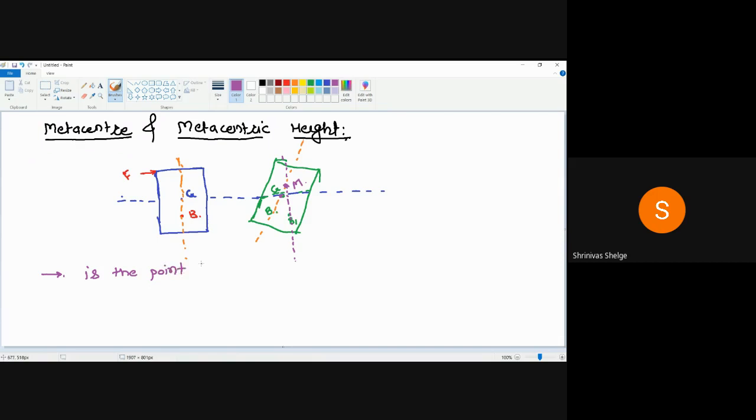Obviously it is a partially or fully immersed body.